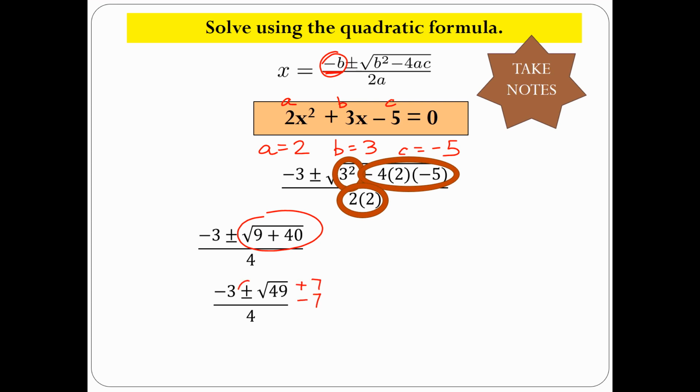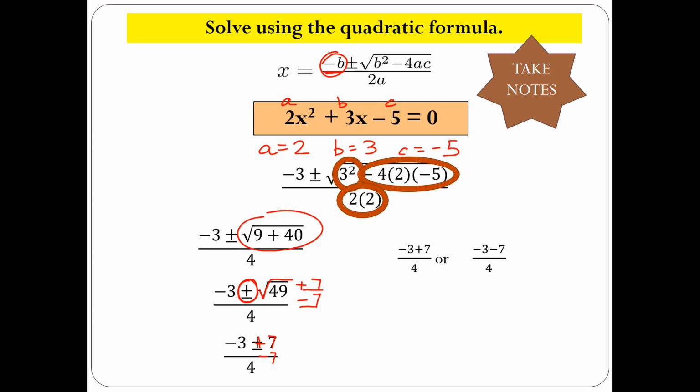That's why we say plus or minus the square root, to remind us that it could be a positive or a negative. So now we have to set up 2 equations, one with a positive 7, one with a negative 7. So the first one would be negative 3 plus a positive 7 divided by 4. And we would have a negative 3 minus 7 divided by 4.